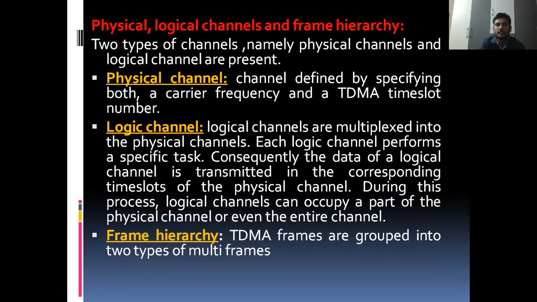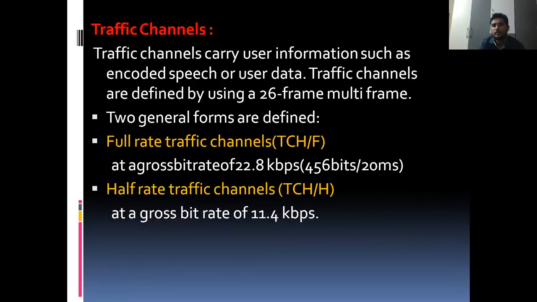So these are the channels: physical channel and logical channel. A physical channel is defined by specifying both carrier frequency and TDMA time slot, and a logical channel can occupy the entire physical channel. In the frame hierarchy, there are the traffic channels. What are the rates in the traffic channels?